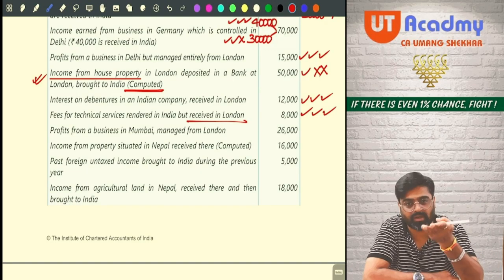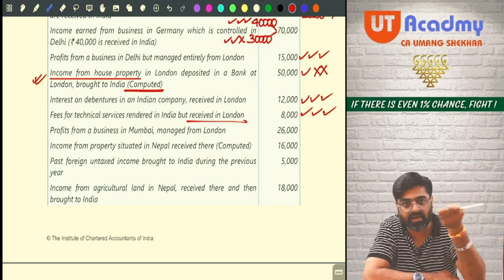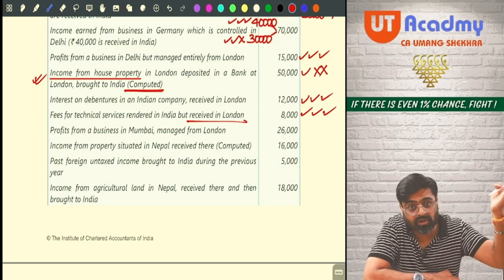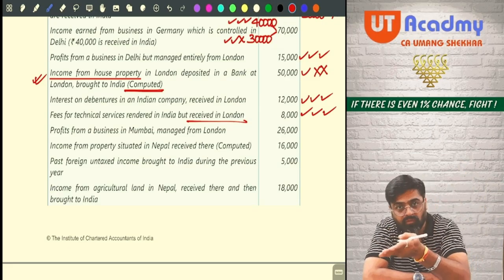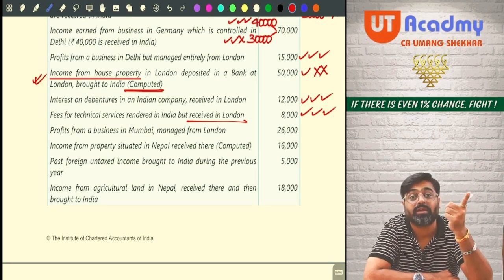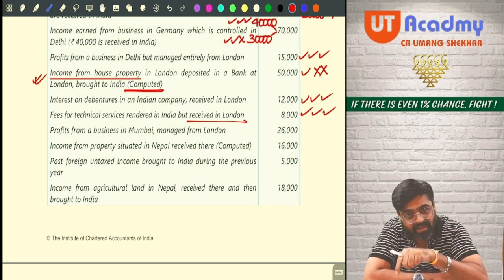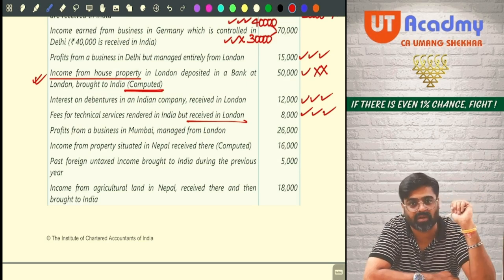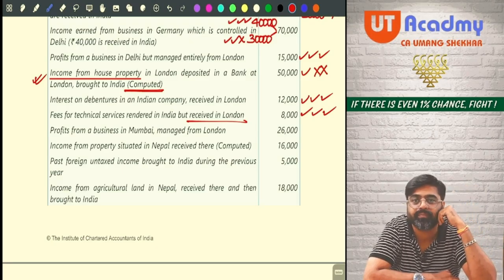If the resident is giving it to you, then it is deemed to accrue or arise in India. Even if a non-resident is giving this fees, then also it is deemed to accrue or arise in India because the technical services are rendered in India. And for that, if you are getting any FTS fees, that is always deemed to accrue or arise in India. No matter wherever it is received, it will be Indian income.